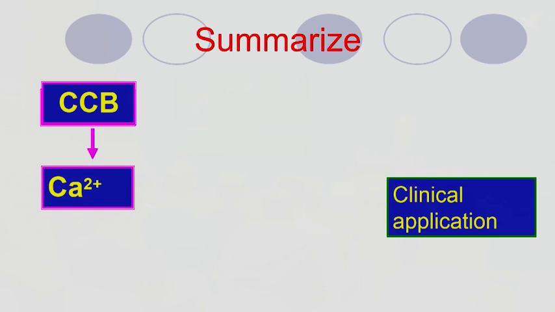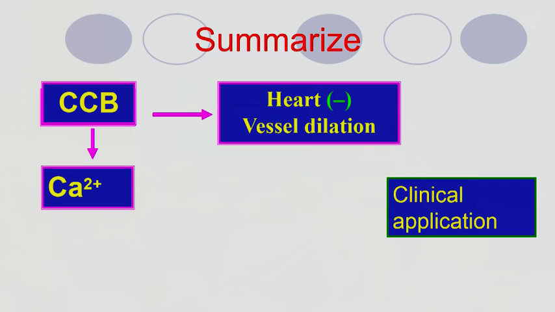Today we studied the basic agents mainly used to treat cardiovascular system disease. We call them calcium channel blockers. Calcium channel blockers mainly inhibit the calcium channel, and then have negative effects on the heart and vasodilation.